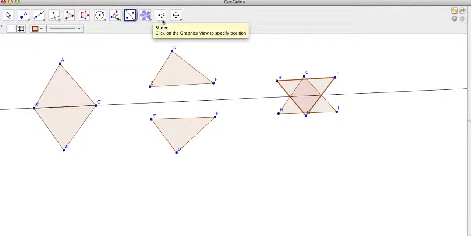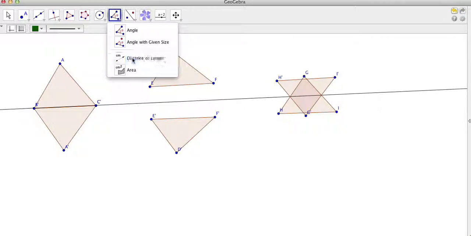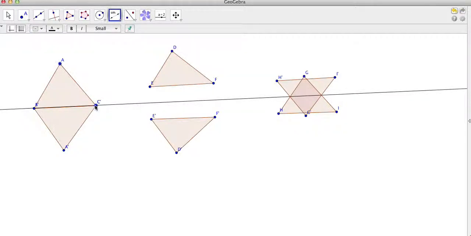For example, the distance of A to C and its mirror image A prime to C prime are the same. Another relation is that the distance from an image to the line of reflection is the same as from the original to the line of reflection.